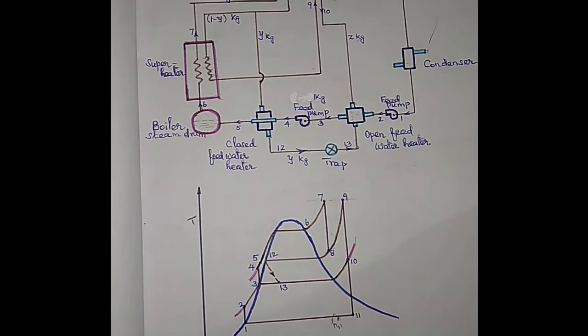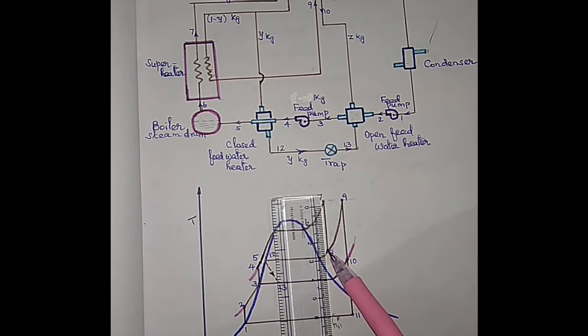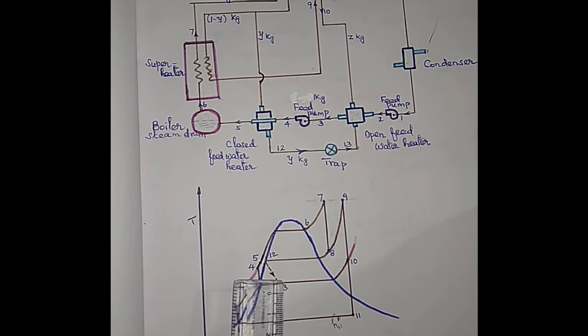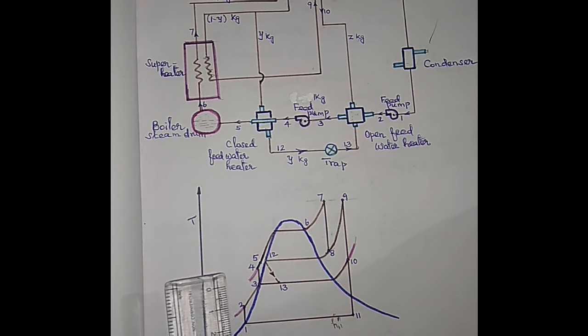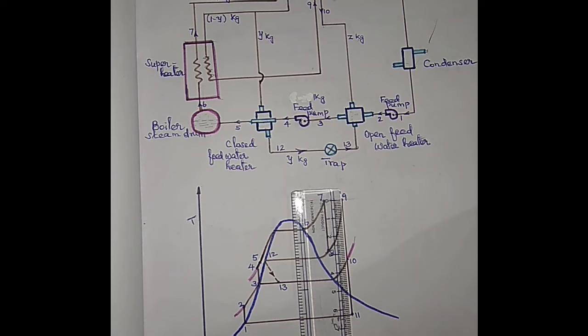Because we are doing the reheating, now what is the work done? In the first turbine, that is the HP turbine, this is the work done, H7 minus H8. And one more turbine, the LP turbine, what is the expansion? From here to here.